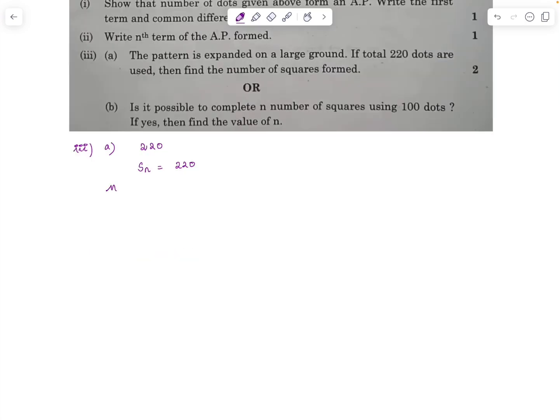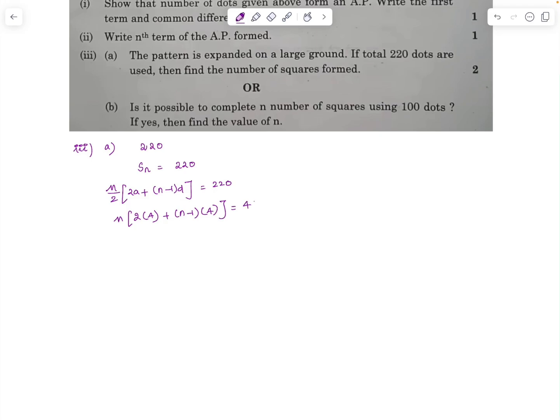Sn formula is n by 2 times 2a plus n minus 1 times d, which is equal to 220.